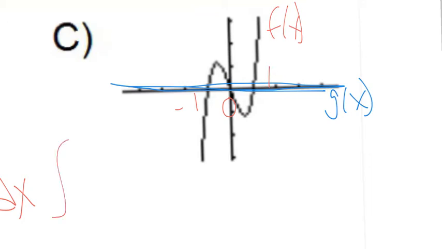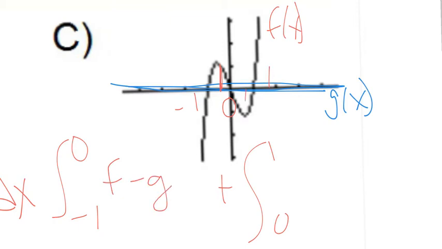And so that means I'm going to actually have to do 2 integrals to be able to get the total area. Because if you think of the section here on the left, the top graph is f of x. But over here on the right, the top graph on this section is g of x.